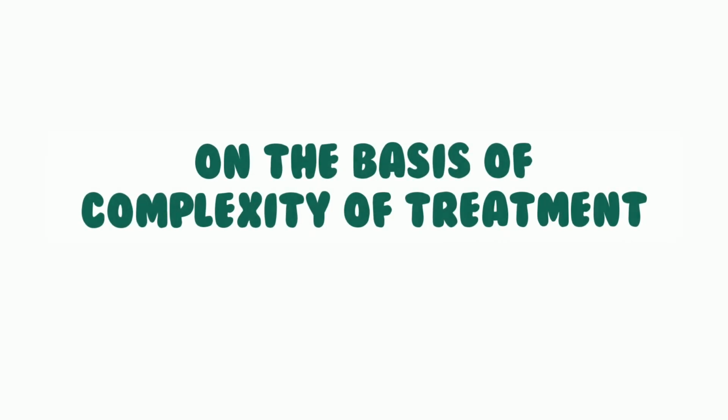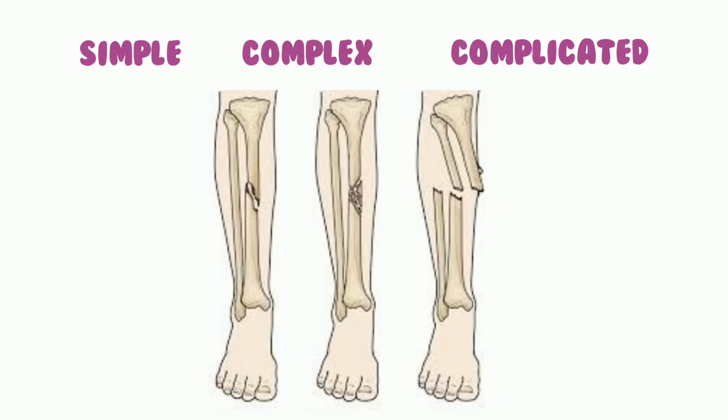On the basis of complexity of treatment, it can be classified into simple, complex, and complicated. In the simple fracture, it's relatively easy to treat. For example, closed transverse fracture of tibia. Complex fracture, multiple pieces, relatively difficult to treat.